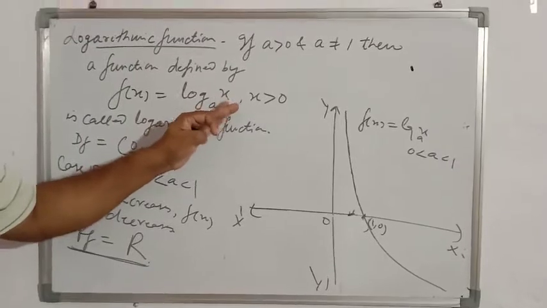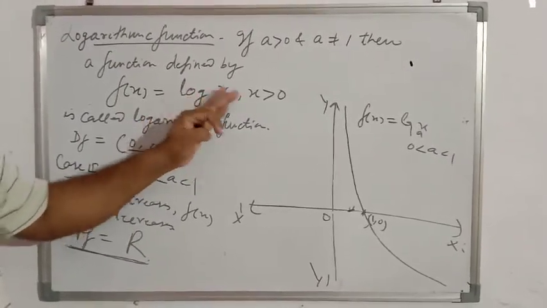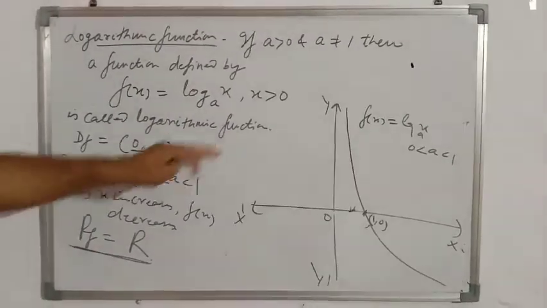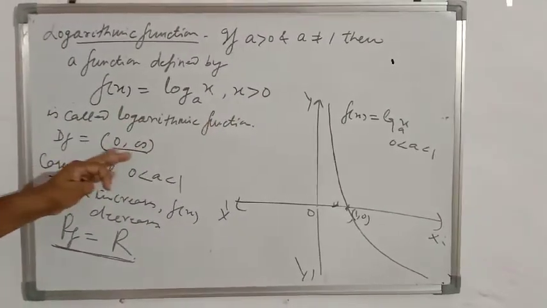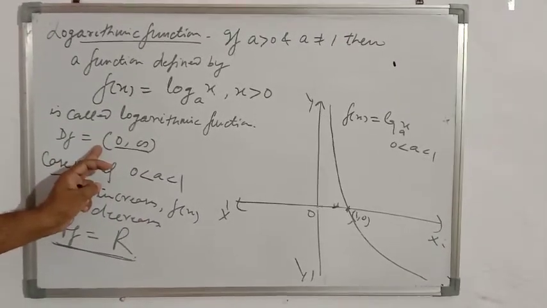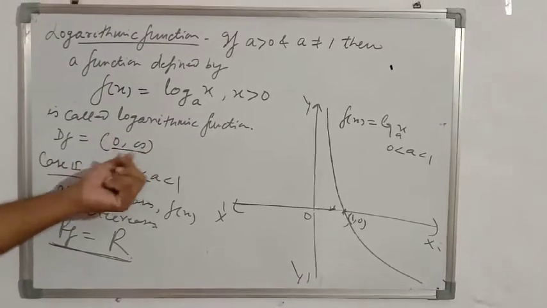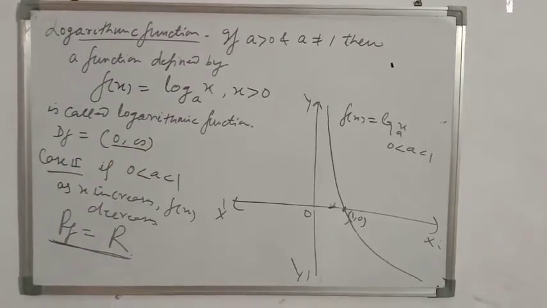For negative real numbers the log function is not defined, and for 0 also the log function is not defined. So we have to take x greater than 0, and we write 0 to infinity in the open interval. So it is the logarithmic function.